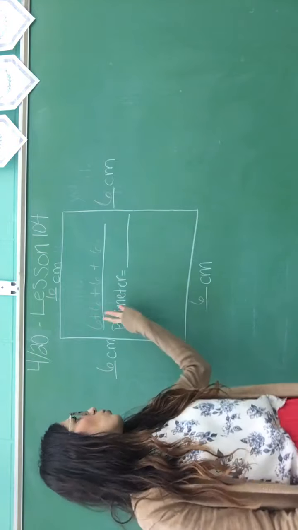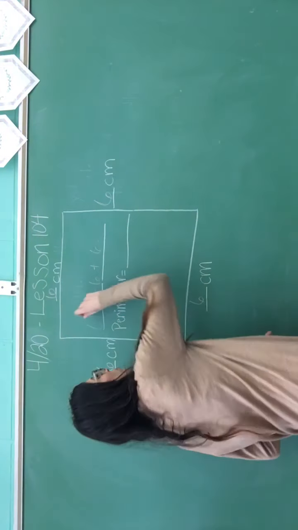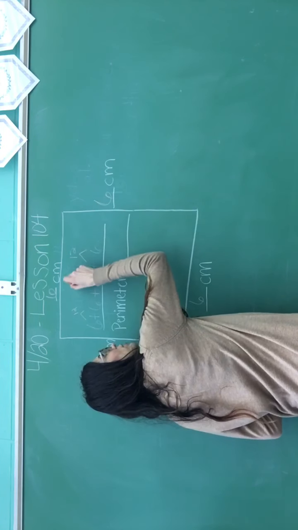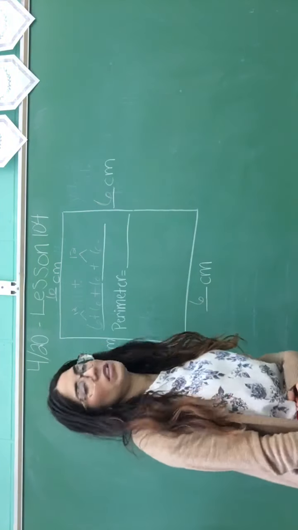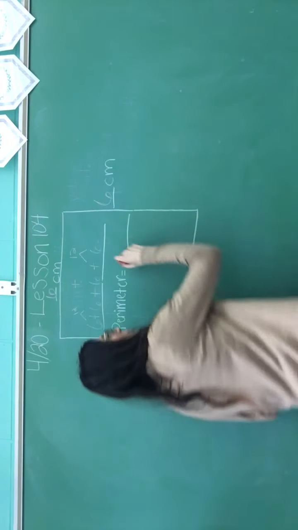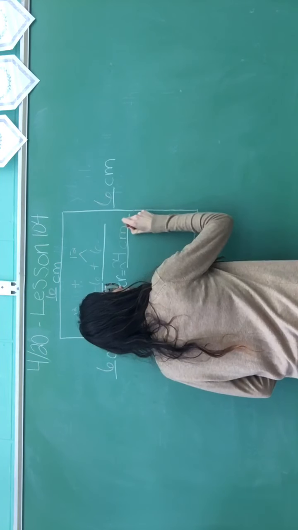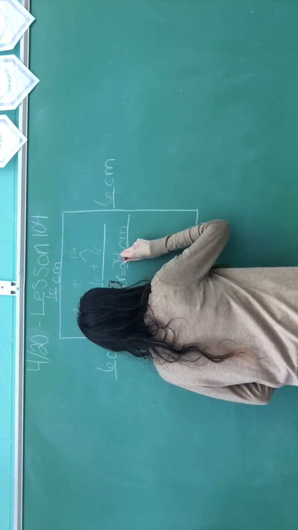Okay? So we know that 6 plus 6 is 12. And over here is 12 also. Right? You know that these two are 12. So then we can add 12 plus 12. And that equals, that's right, 24 centimeters is our total. That is our perimeter.